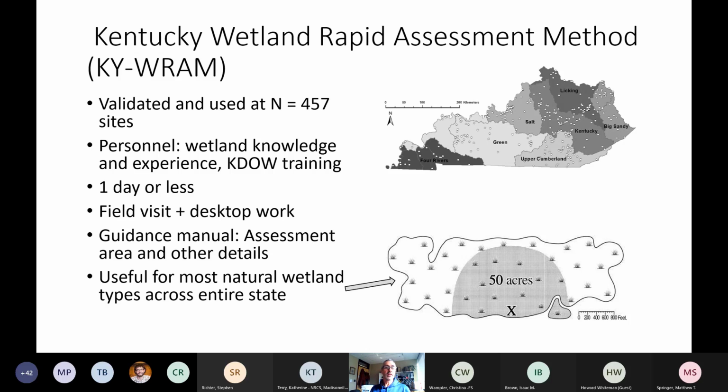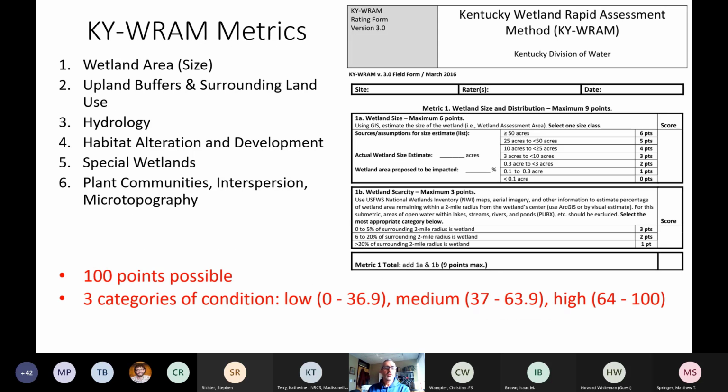All right, so let's take a look at some of the details of this method. It's composed of 6 metrics, and you can see the list of metrics there. They include a wide variety of characteristics of a wetland that might reflect many of the different functions of the wetland. So this method is specifically designed to capture a broad range of functions in a kind of hybrid qualitative, quantitative approach.